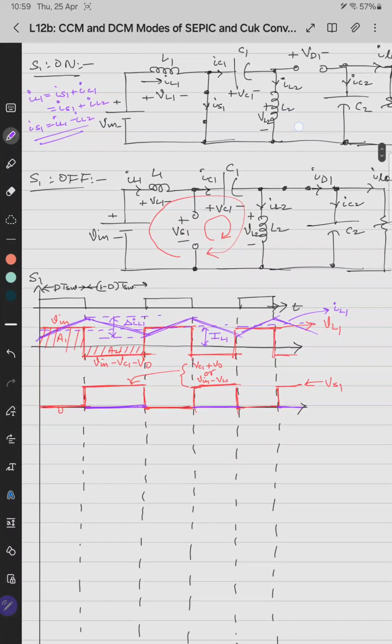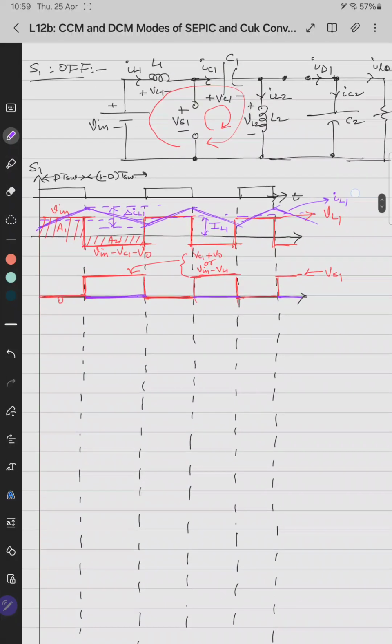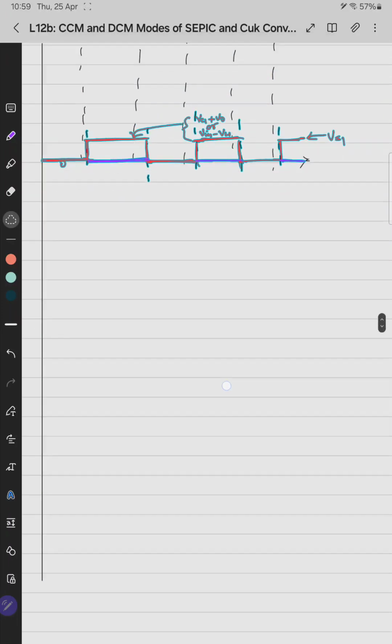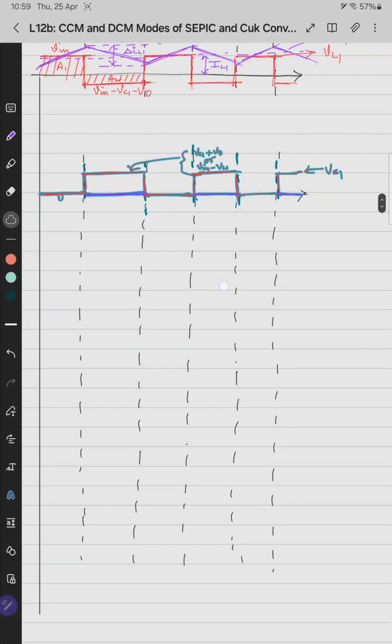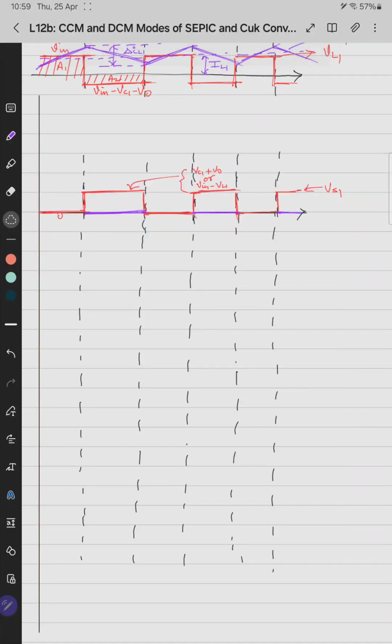This is the value of the current. So instead of drawing the waveform of this, first we'll draw the waveform of the second inductor, and then we'll draw the switch.